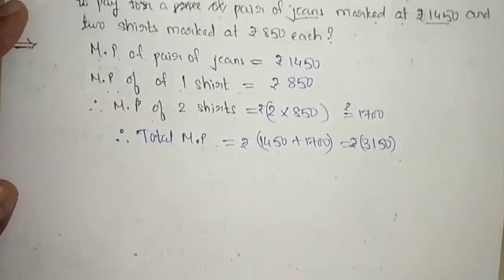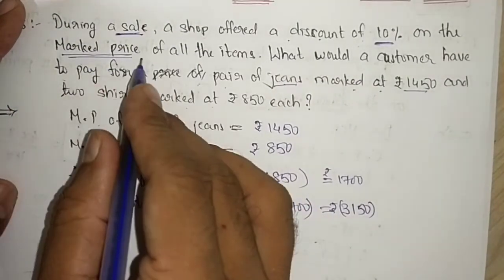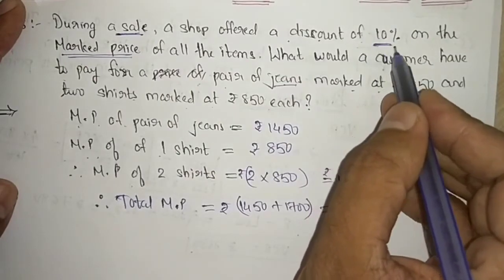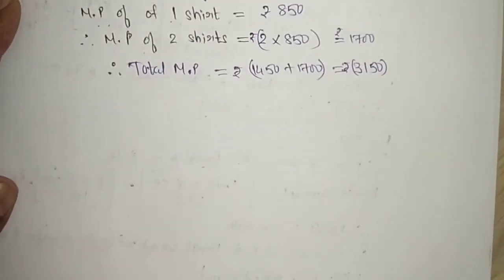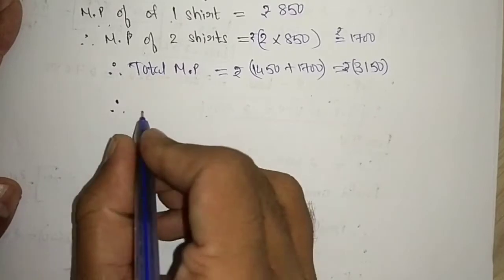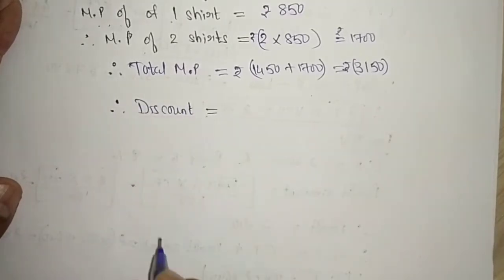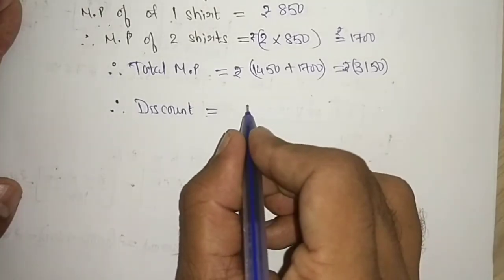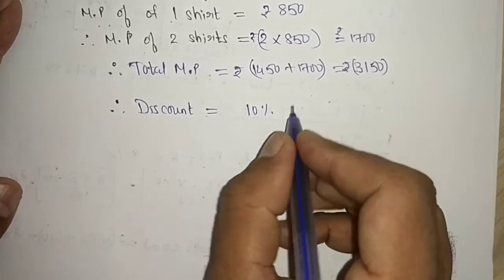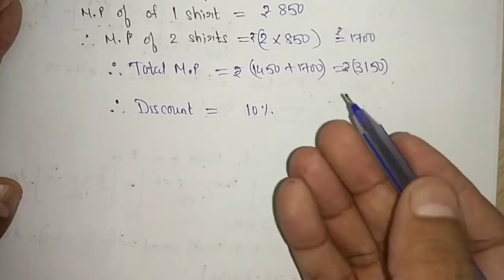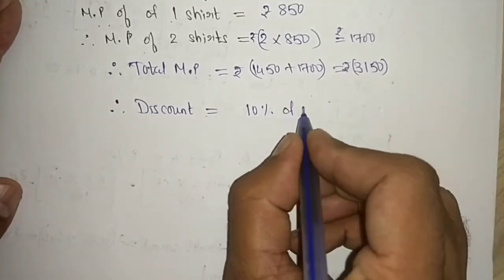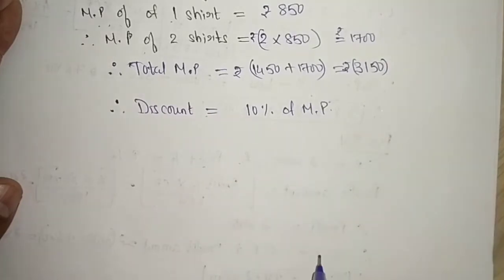Now the discount is offered on the marked price, and how much is it? 10%. So can I write, therefore, discount is equal to how much percentage? 10% of what? 10% of the marked price.